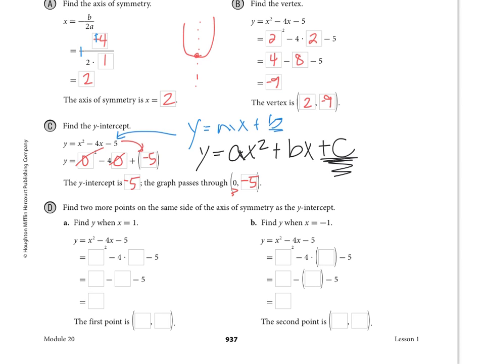So then it says find 2 more points on the same side of the axis of symmetry as the y-intercept. What does that mean? Our y-intercept's at (0, -5), so it wants when x is 1 and x is -1. Those are 2 values on either side of it. So you plug 1 in here, and -1 in here. If you plug 1 in, you simplify, 1 squared is 1. That's going to be -4. That's going to give you -8.